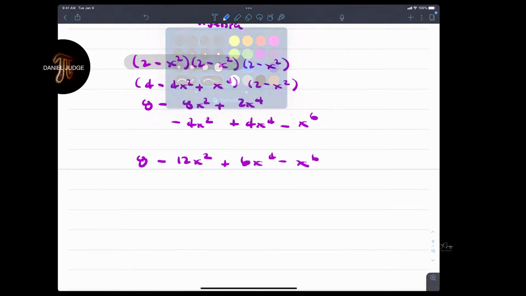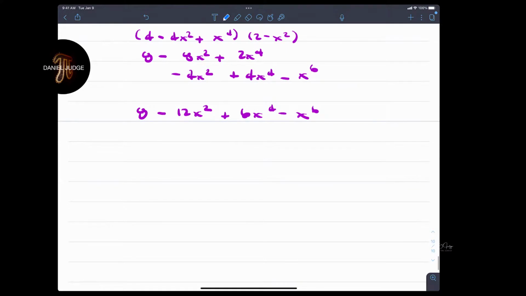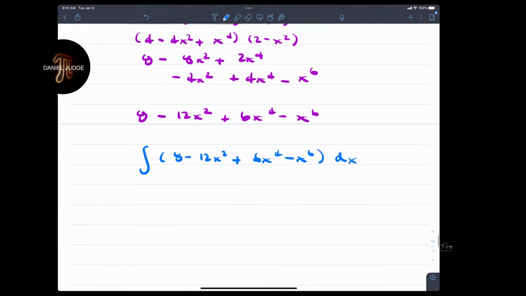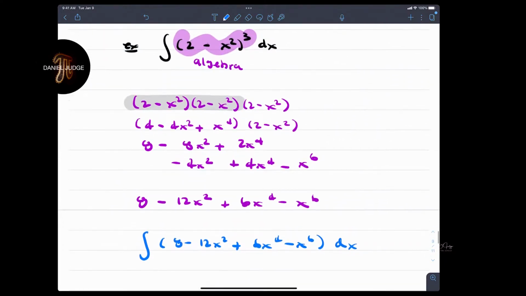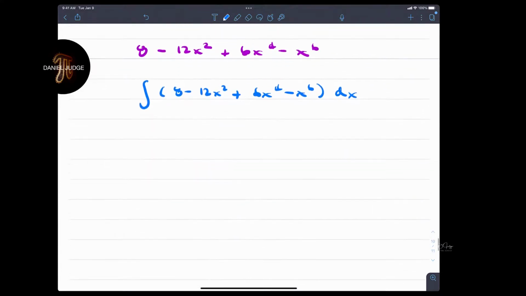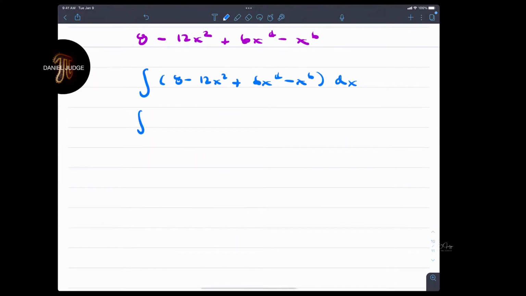So, integrate. Double check, ladies and gentlemen. Properties.